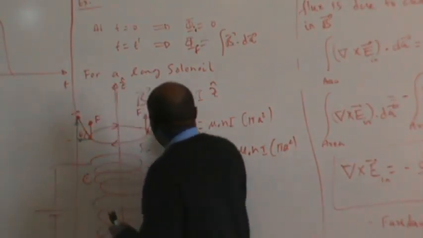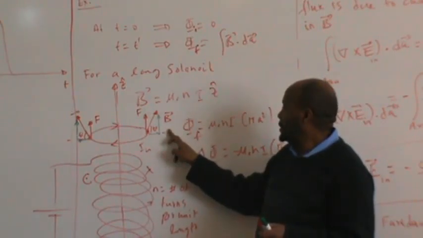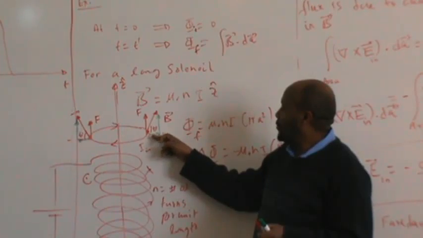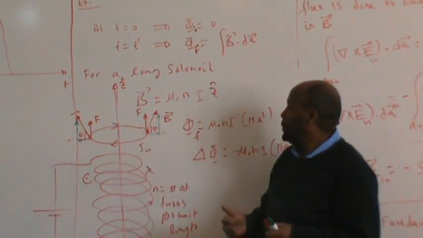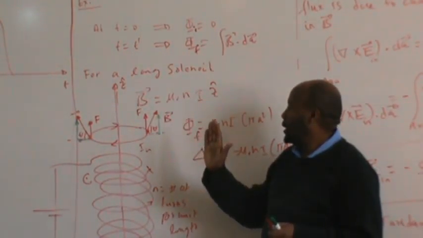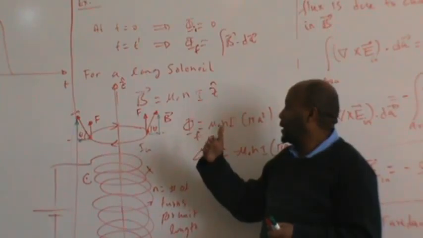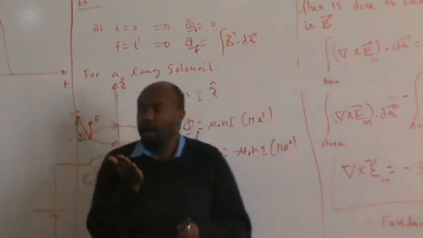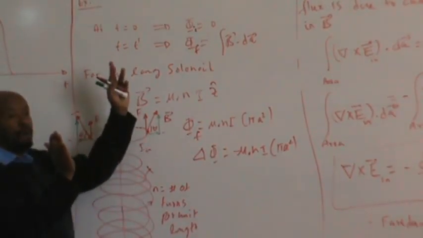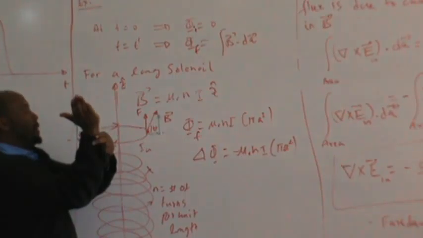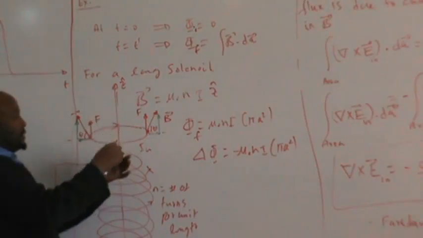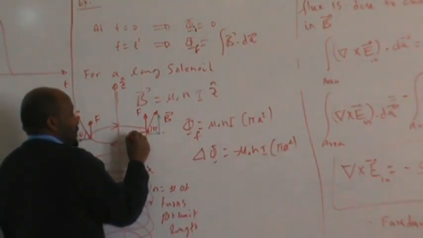Because if you consider this component of the B field, the force due to this component, you have a current towards you, a B field up, so I crossed B. You get a force in which direction? Toward the center, so you have a force in this direction. Are you following me?